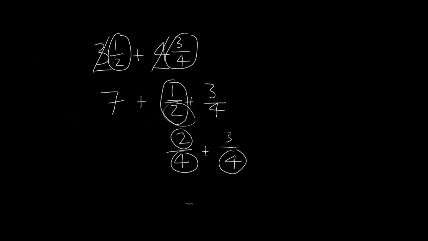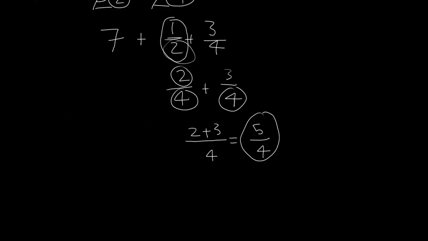This whole thing becomes 2 plus 3, all divided by 4. And we can simply do the addition on the numerator and leave the denominator as is. So this whole thing is equal to 2 plus 3, which is 5, over 4. That is the answer to our fractional addition.